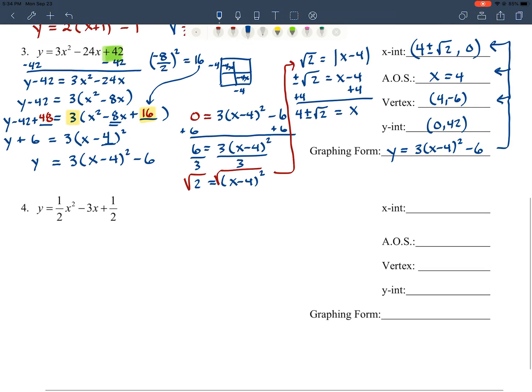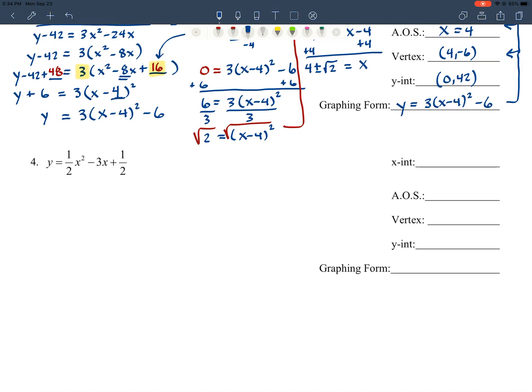All right, so we'll go ahead and just do this last one. Number 4 says y is equal to 1/2 x squared minus 6x plus 1/2. First thing to look at here, let's just go ahead and get rid of the 1/2 from each side. So we have y minus 1/2 is going to equal 1/2 x squared minus 3x.